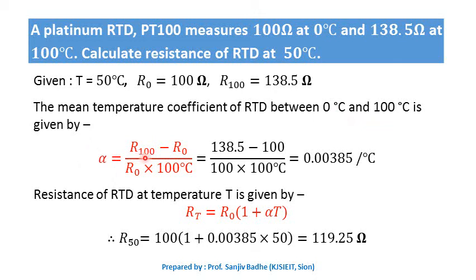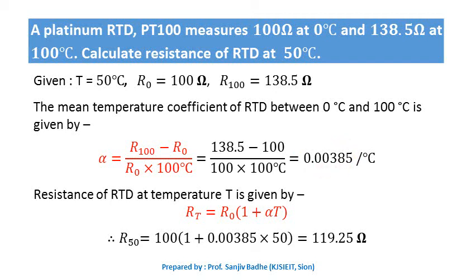So it is given by R100 minus R0 upon R0 into 100 degree Celsius. So the temperature coefficient is calculated as 0.00385 per degree Celsius. It means for each degree Celsius change in temperature, the resistance will change by 0.00385 ohms.